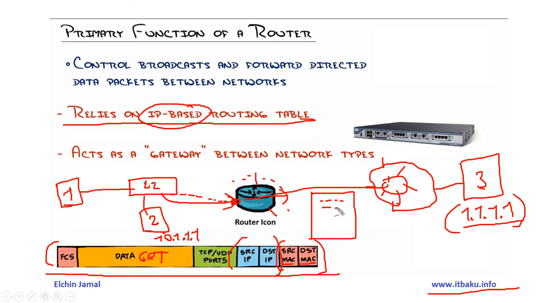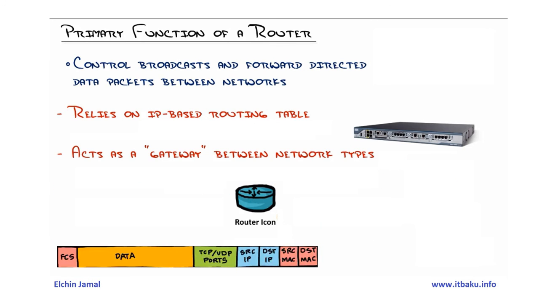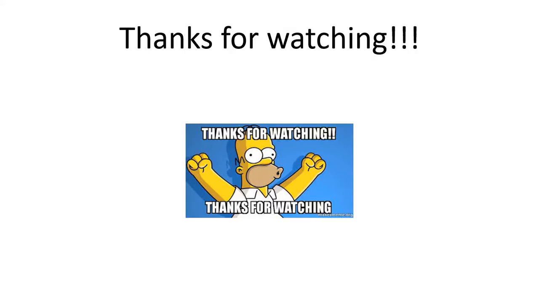So the router has its own IP-based routing table, and forwards this packet further. Okay, so in this case, the router uses IP, and the switch uses MAC addresses. I hope you got my point, and thanks for watching.